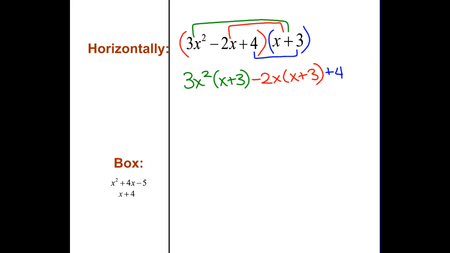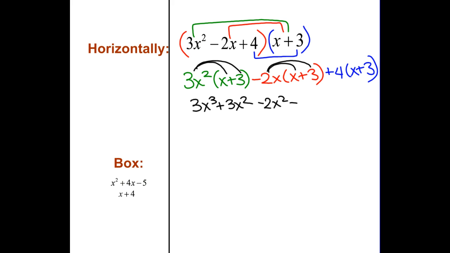So plus 4 times x plus 3. Now I'm going to multiply through to each piece here. So 3x cubed plus 9x squared minus 2x squared minus 6x plus 4x plus 12.